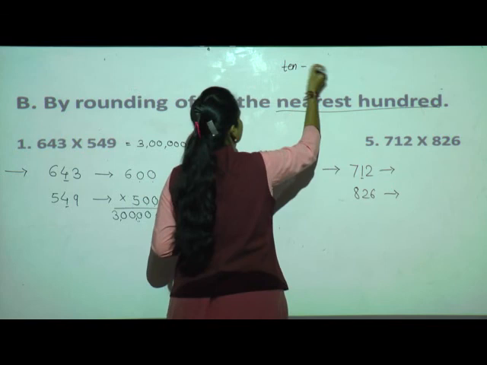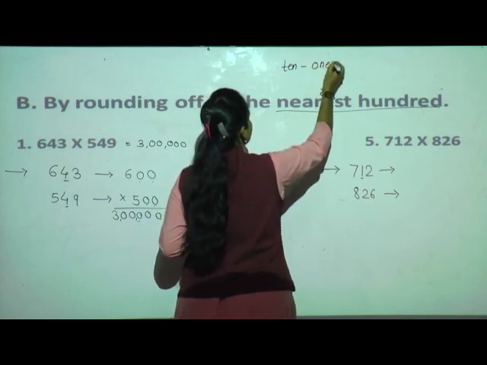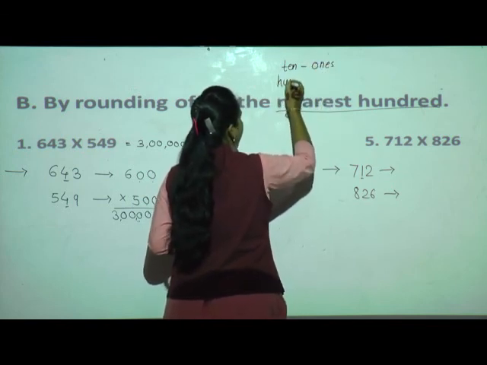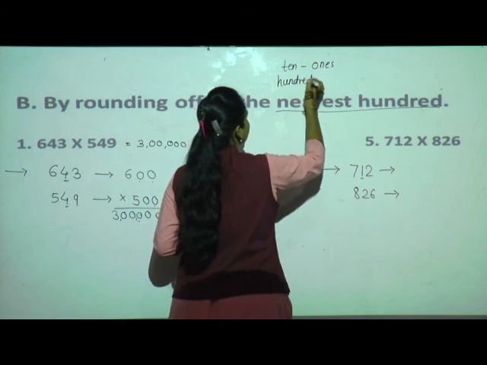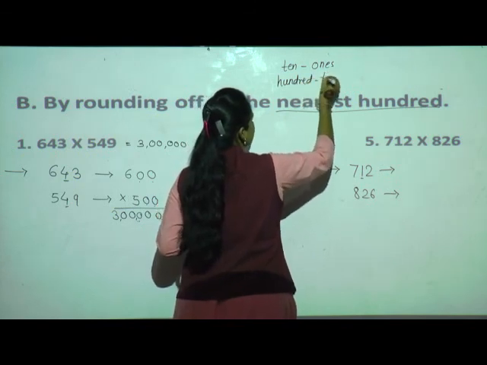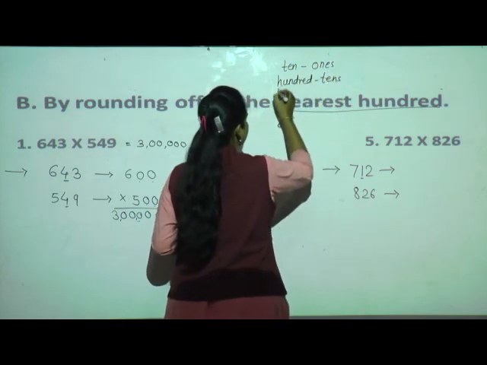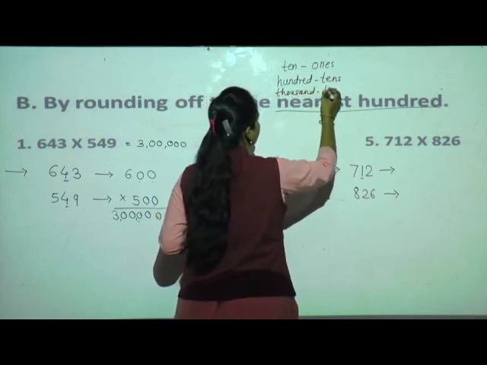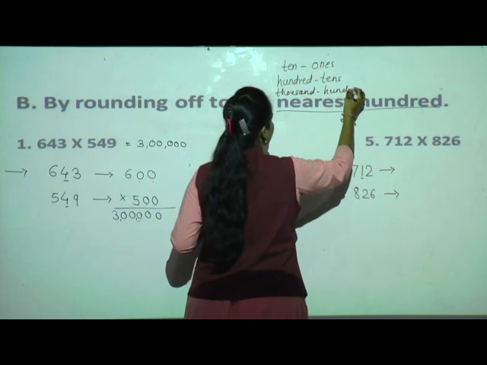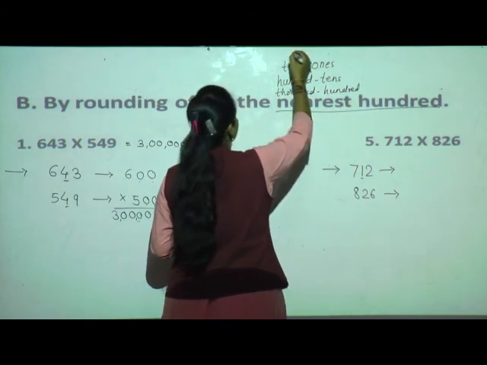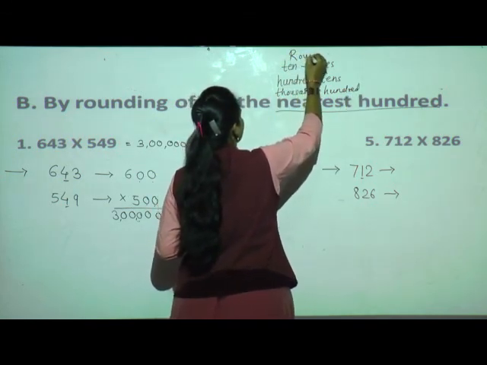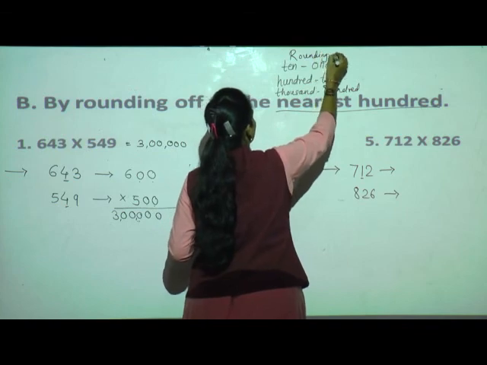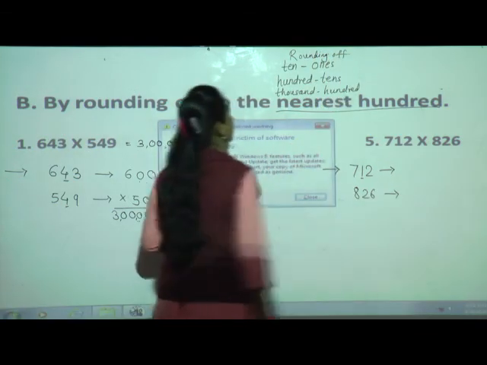If it is tens, we'll underline the ones place. If it is 100, we will underline the tens place. And if it is 1000, we will underline the hundreds place, one place back. Okay, this is the rule for rounding off, isn't it?